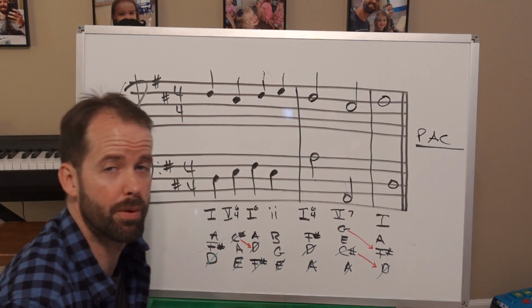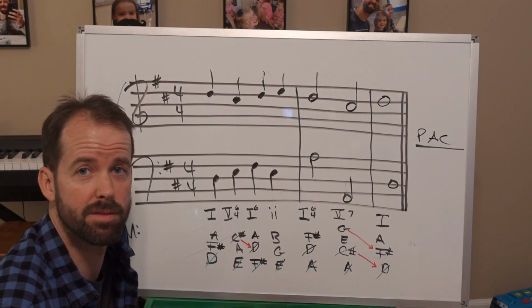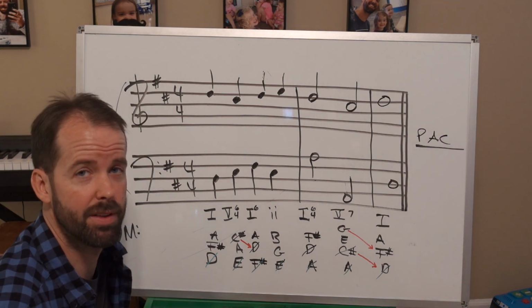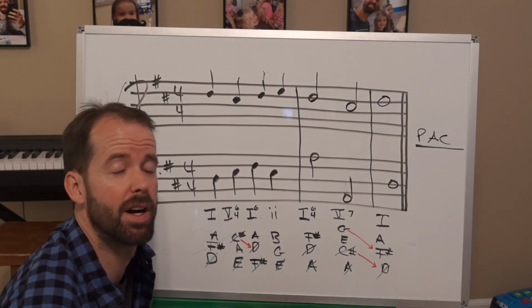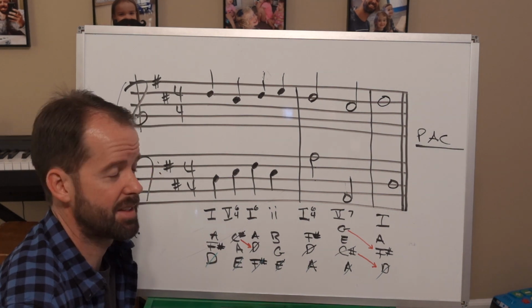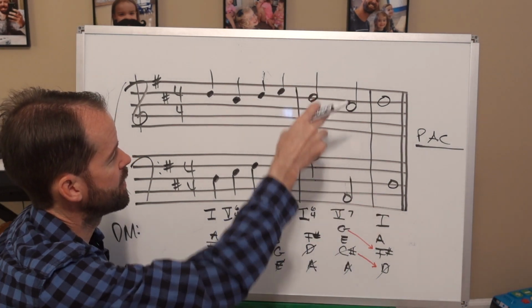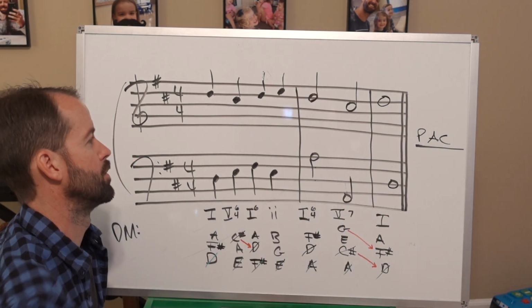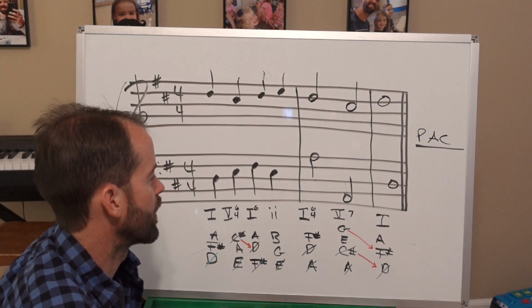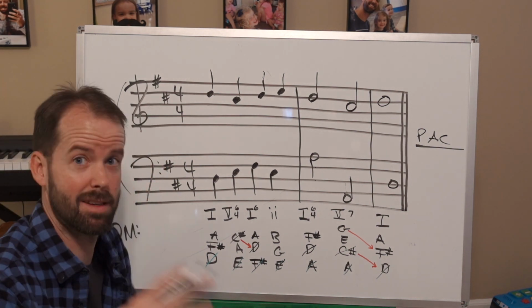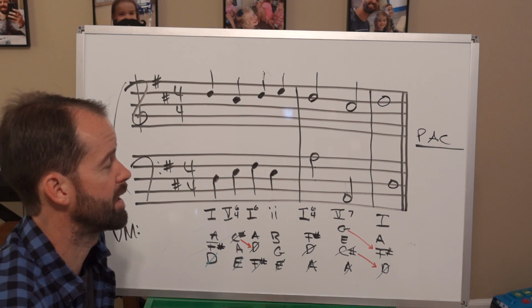Now there's nothing wrong with writing an imperfect authentic cadence on this part writing. As long as all the part writing rules are met, you're fine. I just like the way it kind of cleans it up. Now there is similar motion, but we have an A to a D, which is a fourth, an A to a C sharp there, which is kind of an expanded third. You're okay. You didn't write any parallels there.